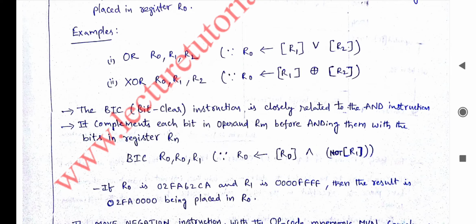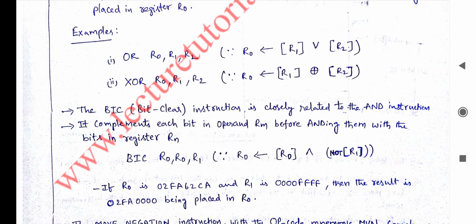See here, BIC R0, R0, R1 means before performing an AND operation between R0 and R1, the contents of R1 are first complemented. Then the AND operation is performed between the complement of R1 and the contents of R0, right? That is the difference between AND and BIC.